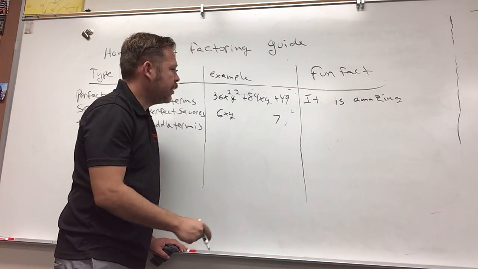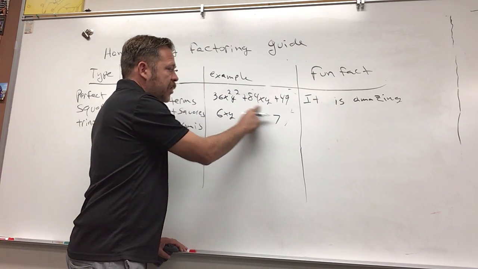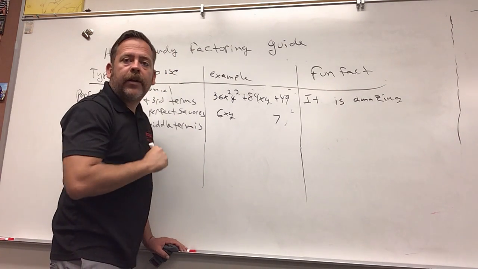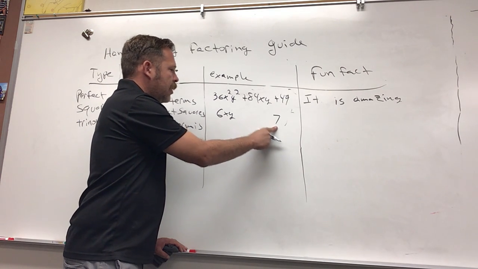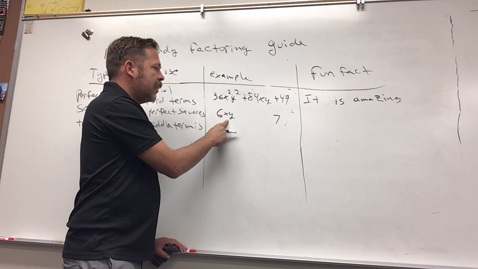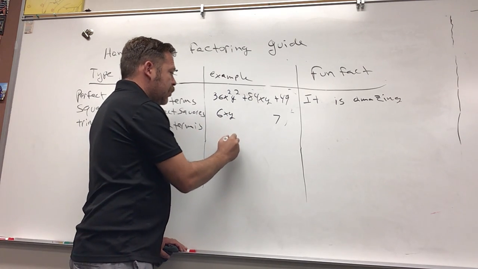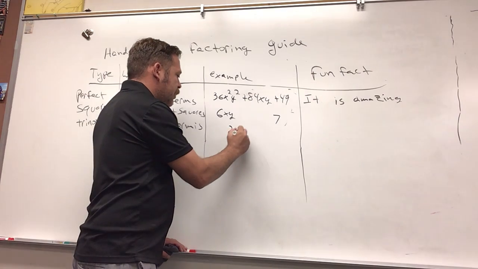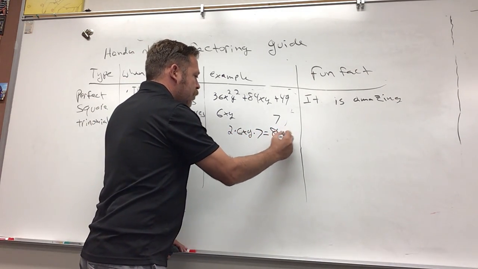That's what we need the middle term to equal. If 2 times 6xy times 7 equals 84xy, then we can use this method. So 6 times 7 is 42, times xy is 42xy, and times 2 would give me 84xy. So 2 times 6xy times 7 equals 84xy.